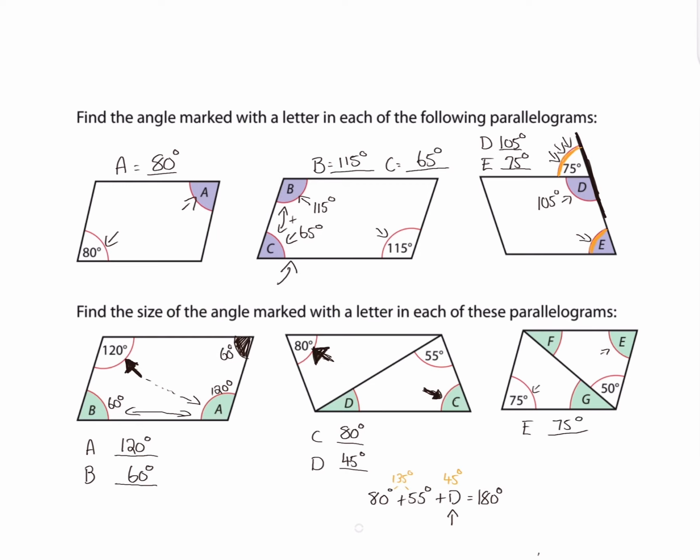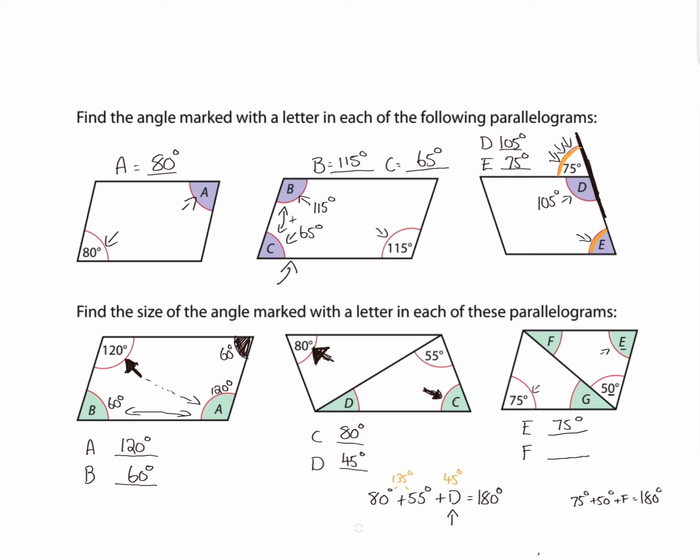Now we have to figure out what F is. And we can see that this is a triangle, okay? So F is whatever the difference is when E and 50 are added together and taken away from 180. So if I add E and 50, for example, E is 75, isn't it? We said E was 75 degrees, and we add 50 degrees plus F equals 180.